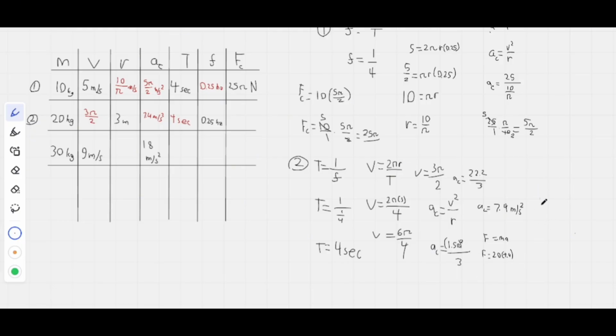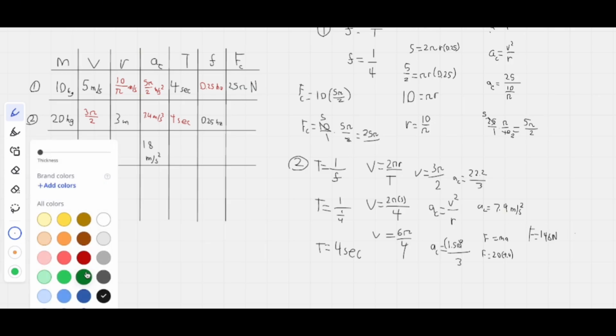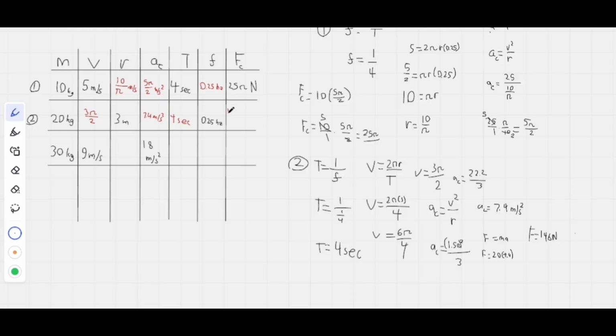And that means our force is equal to 148 newtons. And just plug that in to our graph, and that is question 2 done and dusted.